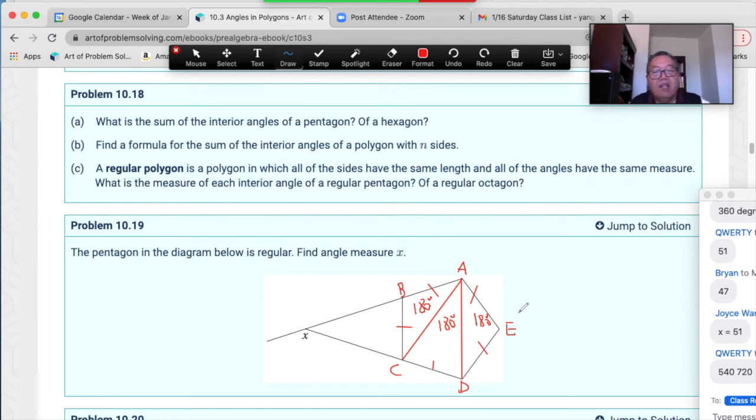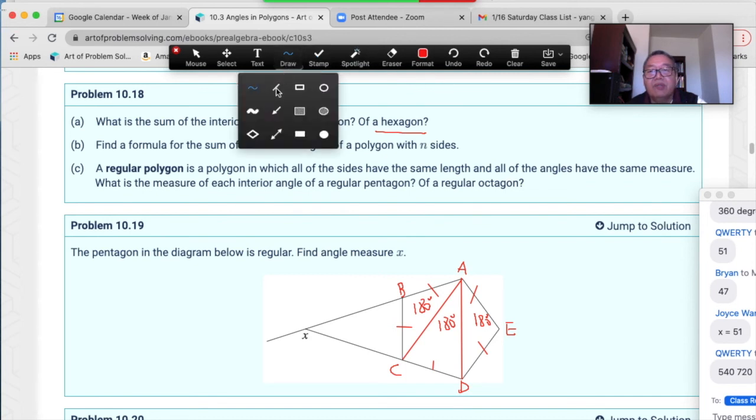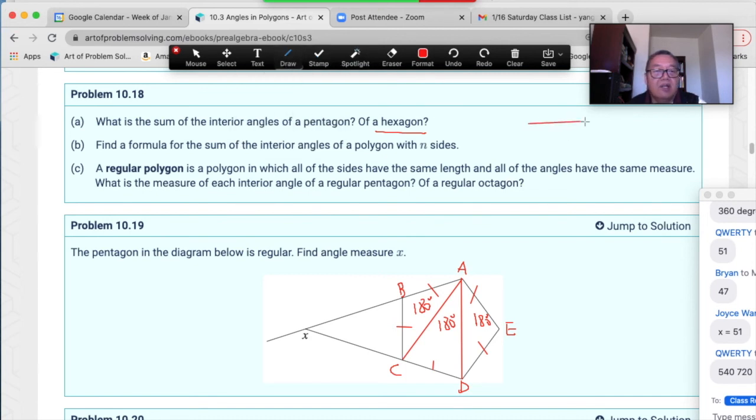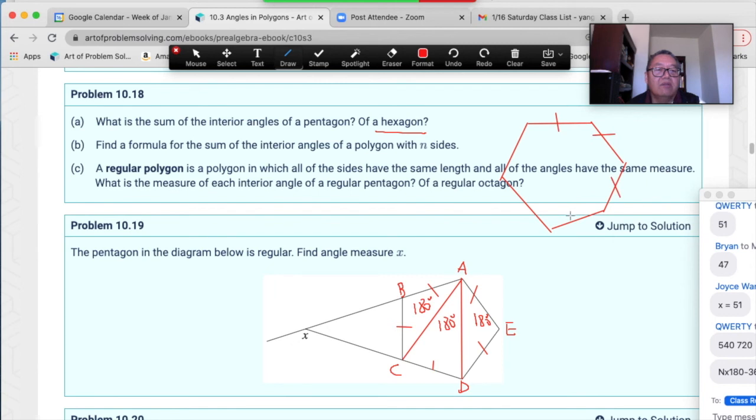Then they ask you, what is the sum of the interior angles of a hexagon? Hexagon, the shape is like this. You can draw it like this, right? 1, 2, 3, 4, 5, 6.